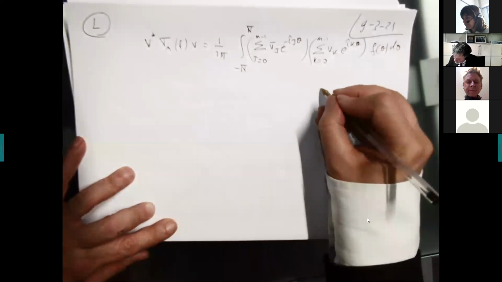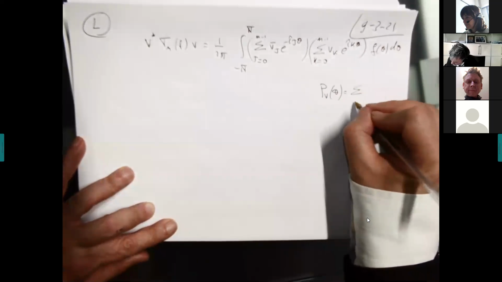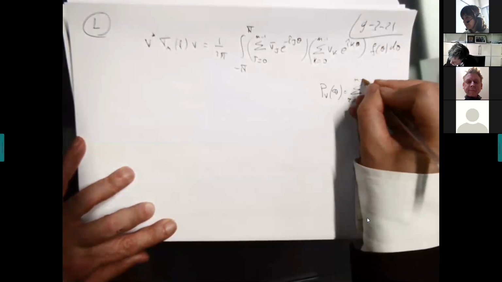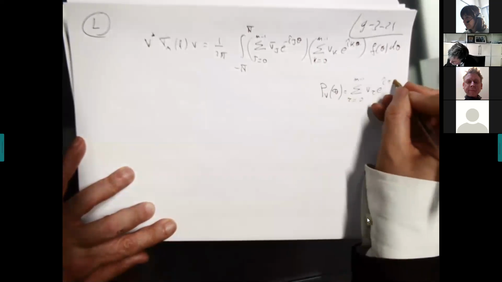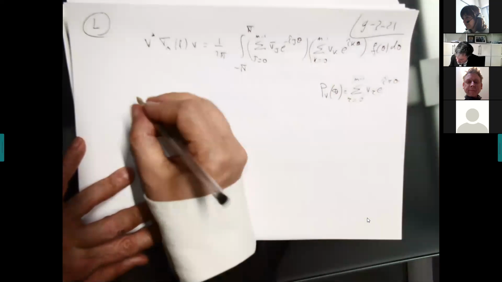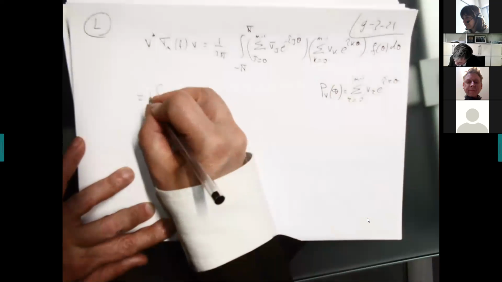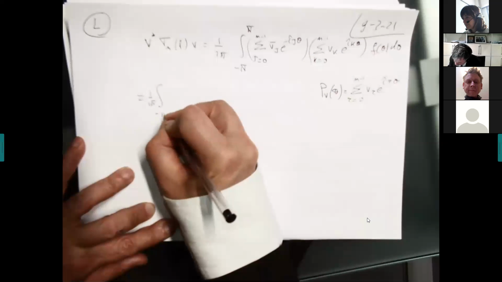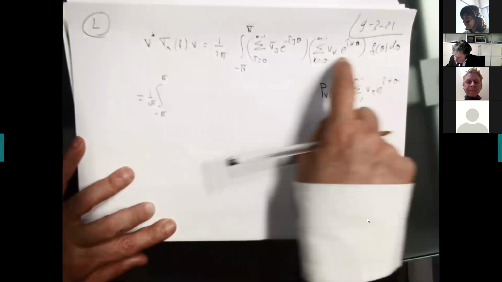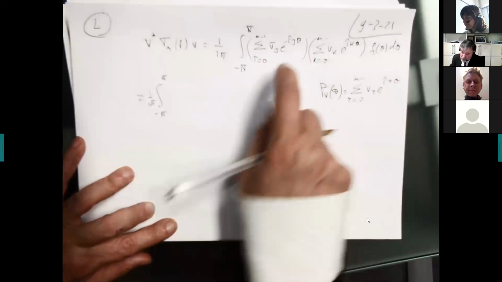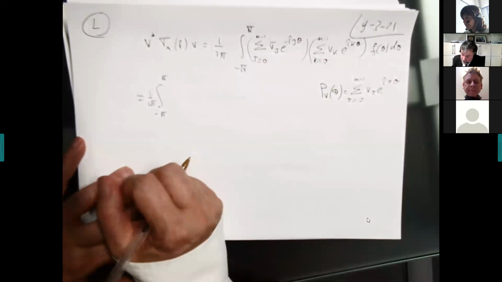Now, if I call P_b of theta this beautiful trigonometric polynomial, this quadratic form is nothing else than the integral from minus pi to pi of P_b theta, the polynomial, times the conjugate. And you should know that a number times its conjugate is the modulus squared.